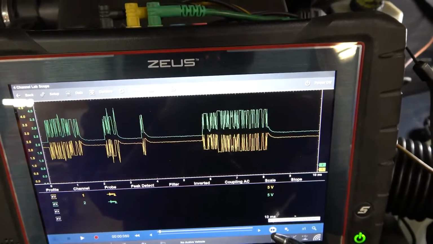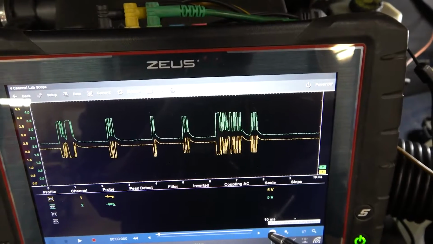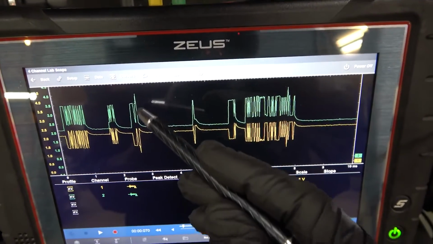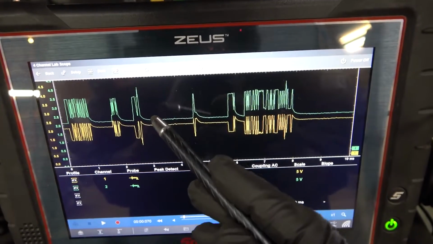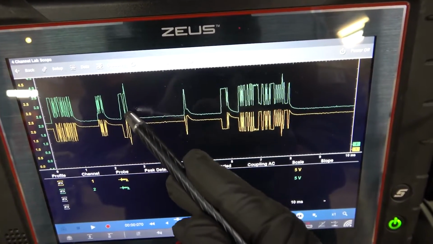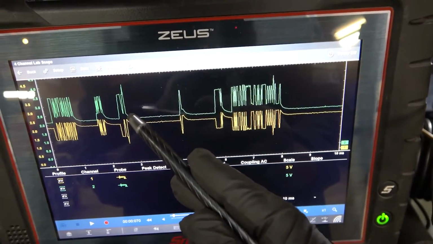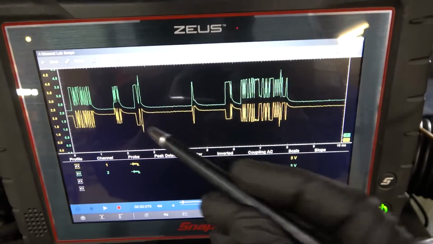Before, you can see it a little bit here, but it has decreased, and there's now a slope over here. It looks weird.